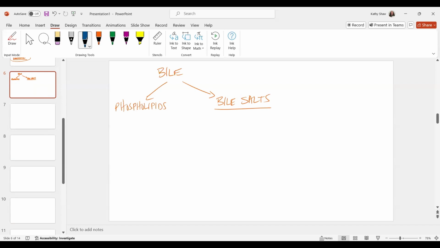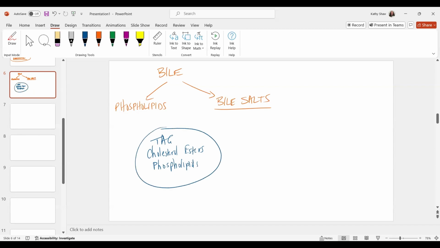So what I have is the fat globule wants to be a globule. Fat wants to kind of stick together, get out of the water, that whole hydrophobic, hydrophilic thing. So I have this fat globule. I've got some triglycerides in it. I have some cholesterol esters in it. I have some phospholipids in it. And I have that in this big globule.